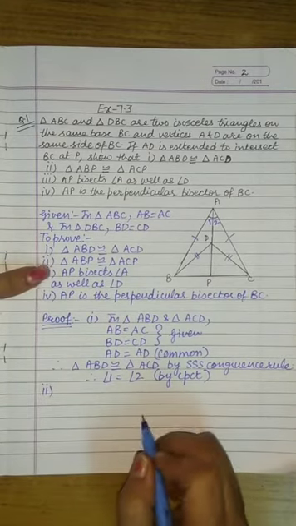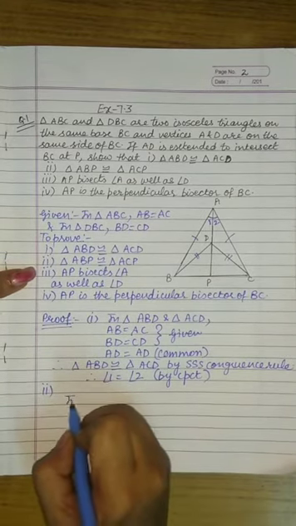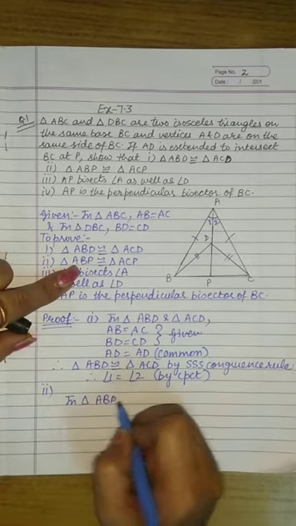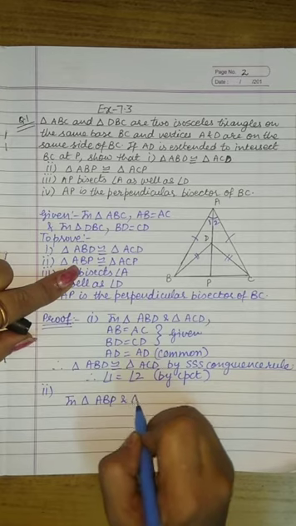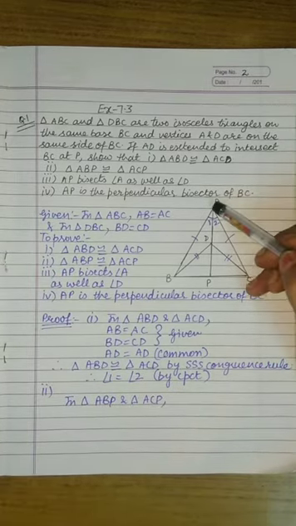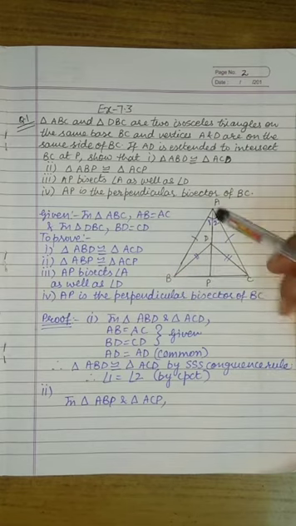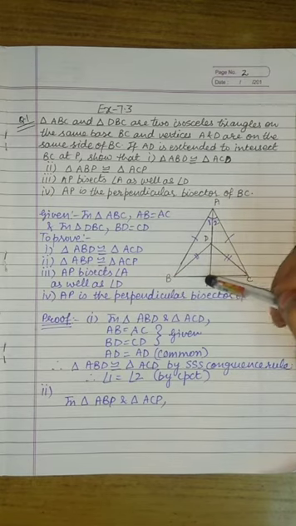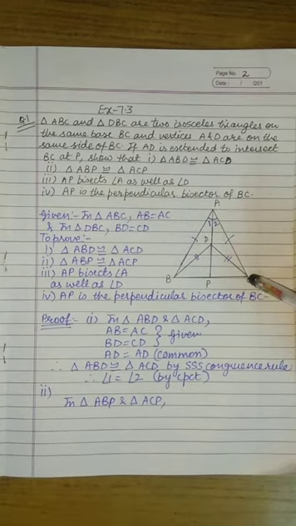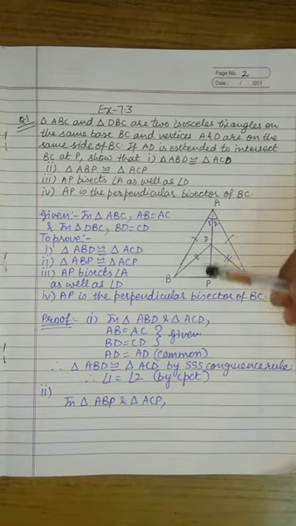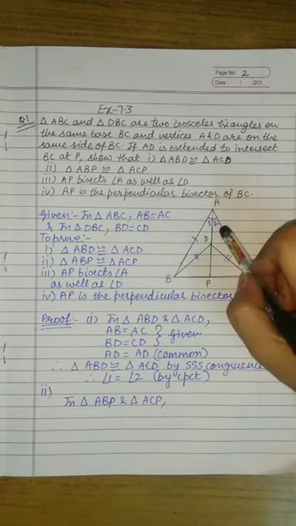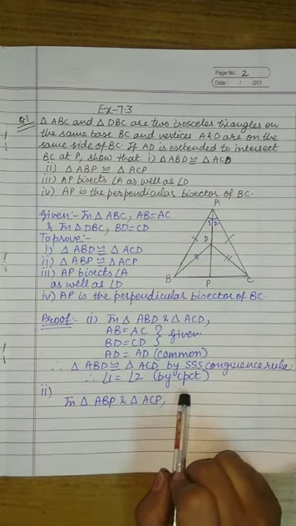In the second part we have triangle ABP and triangle ACP. Now we are taking these two triangles, triangle ABP and triangle ACP. Now in these two triangles, AB is equal to AC, given to us, and AP is common to both the triangles, and angle 1 is equal to angle 2, which we have already proved in part 1.